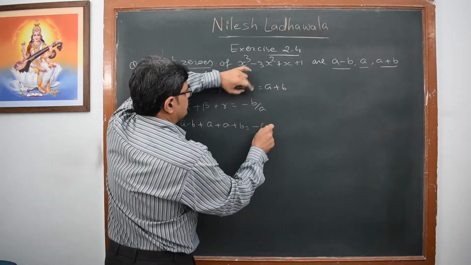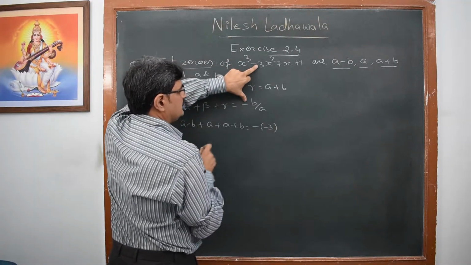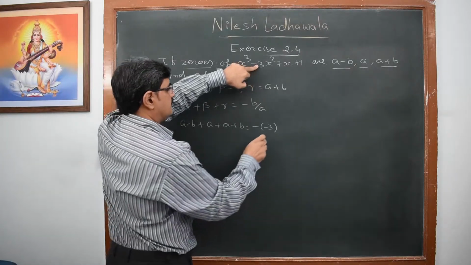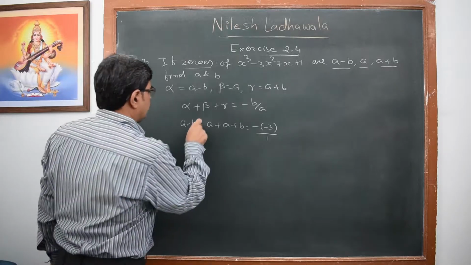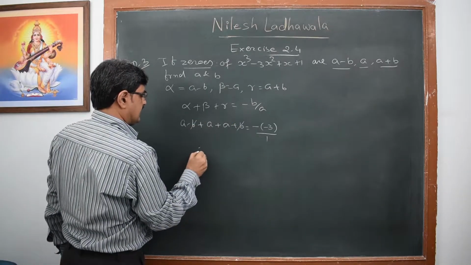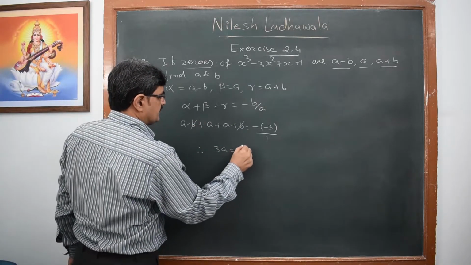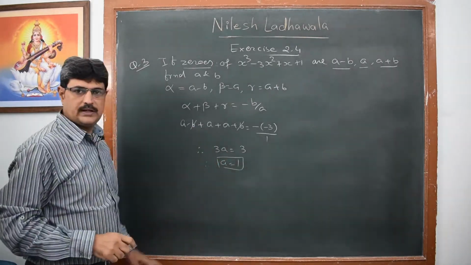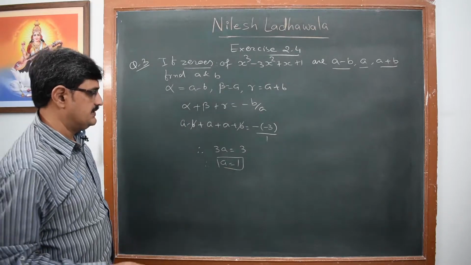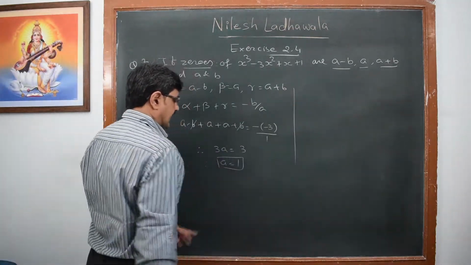So in place of b I have to write minus 3, and in place of a I have to write 1. Now plus b and minus b will be cancelled. Hence we have 3a is equal to 3, and 3 will be in division, so we have a is equal to 1. So we get the value of a.